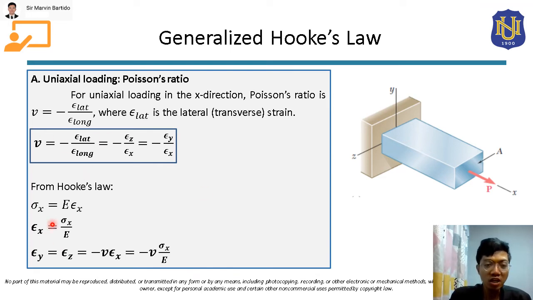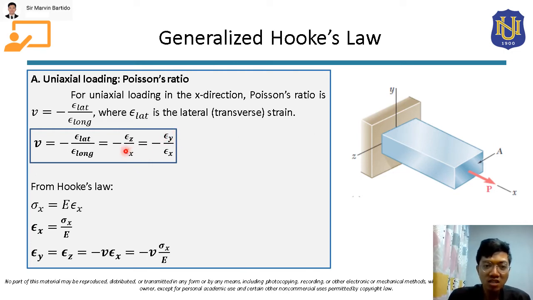From here, we can substitute epsilon x in this formula. Substituting that here, we can solve for epsilon y and epsilon z. Epsilon z will just be equal to epsilon y.